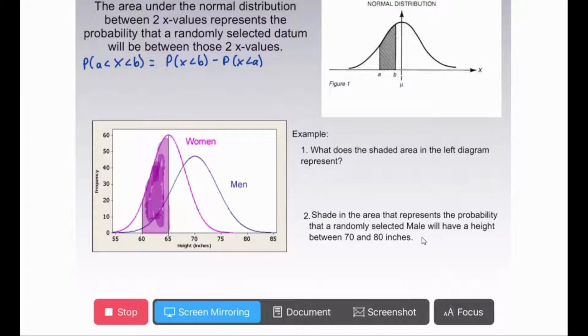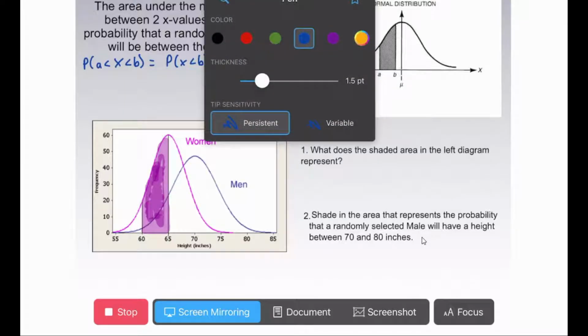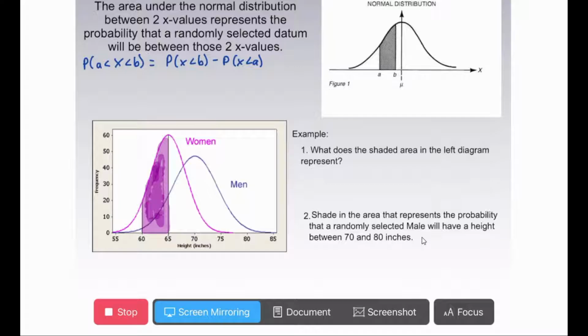And so we'll notice, we know that the area under the curve represents probability, and we're comparing between two different values here. We're looking at a height of 65 inches and a height of 60 inches.